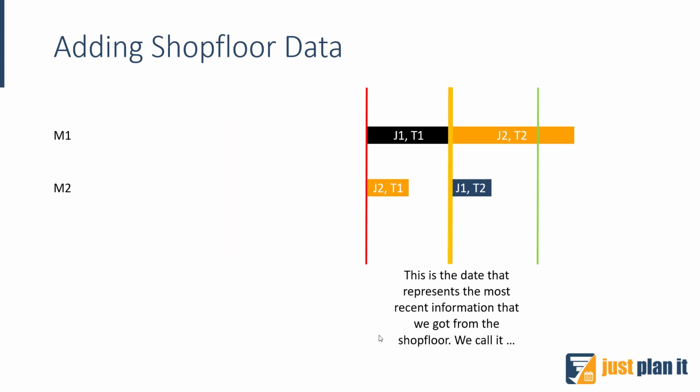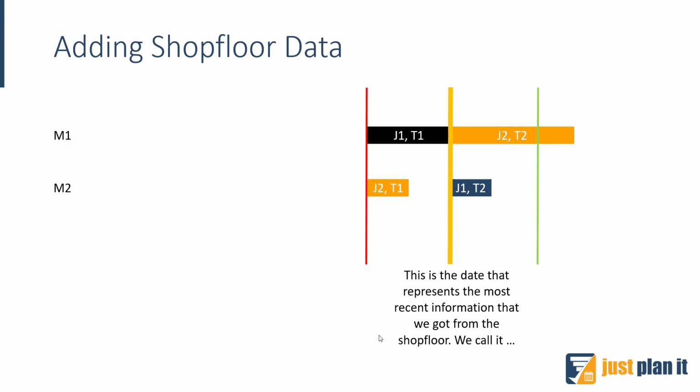And with the approval, now the yellow line appears. The yellow line is the date of the most recent shop floor progress. And here it is the finish date that was communicated or set by the shop floor for the end of that particular task.